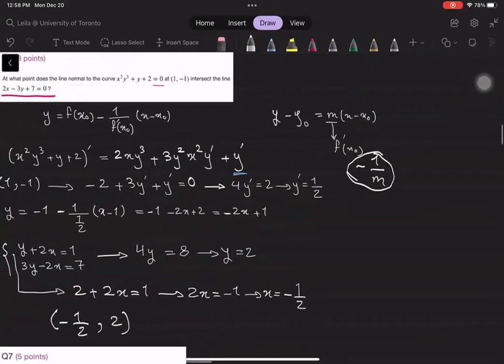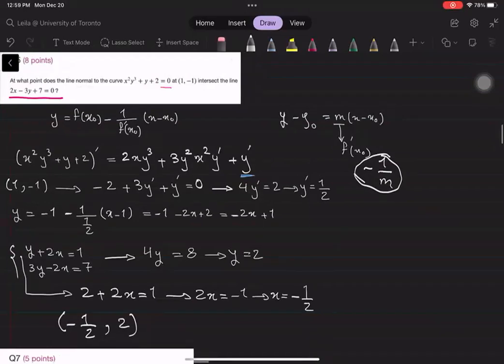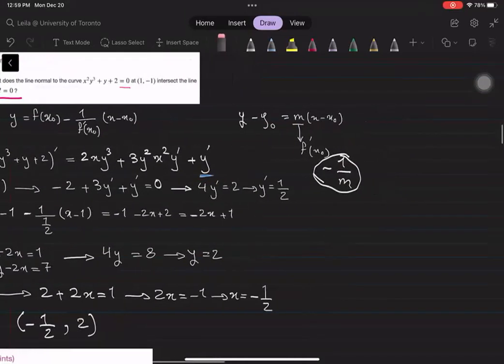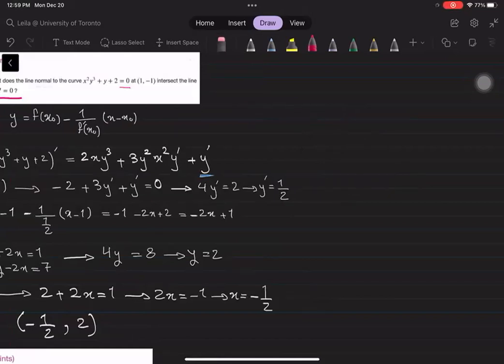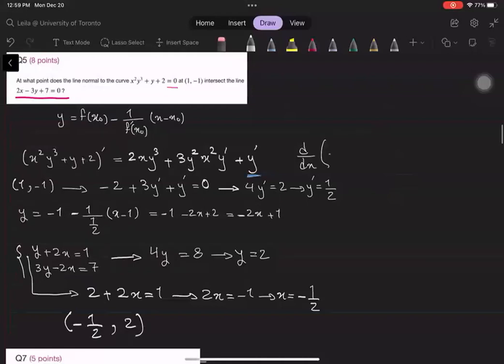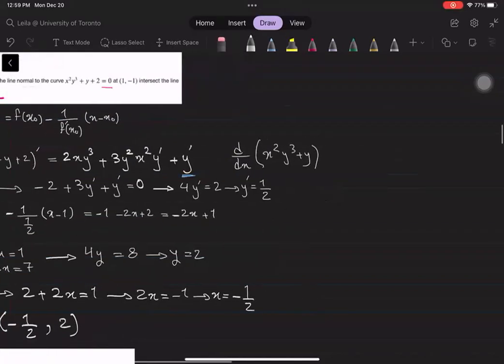Okay, so for y prime, when you're taking the derivative, let me erase this part. So you're basically taking d/dx of this one, right? So you have x squared. So this one, when you take the derivative, this is going to be dy dx, and you can write it as y prime.